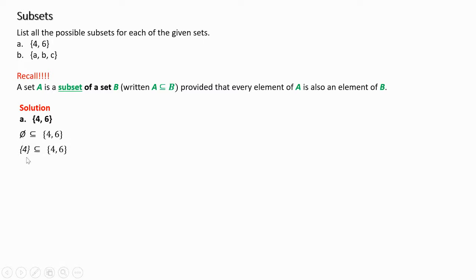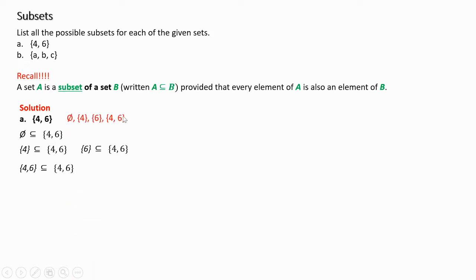Now, let's take a specific order. Let's start with one element at a time. So 4 is a subset of the set 4, 6. And also 6 is a subset of the set 4 and 6. And then there are no more single elements, so now let's do both elements. So the set 4 and 6 is a subset of the set 4 and 6. So how many are there?